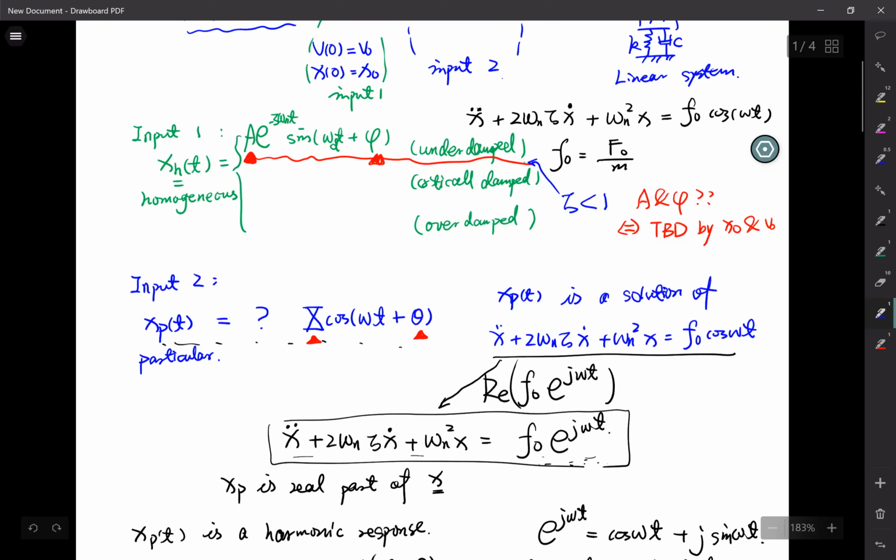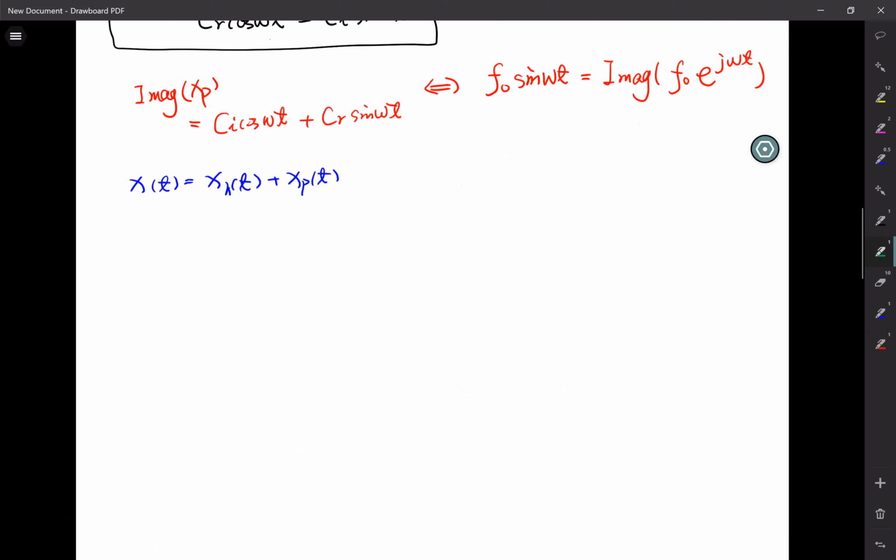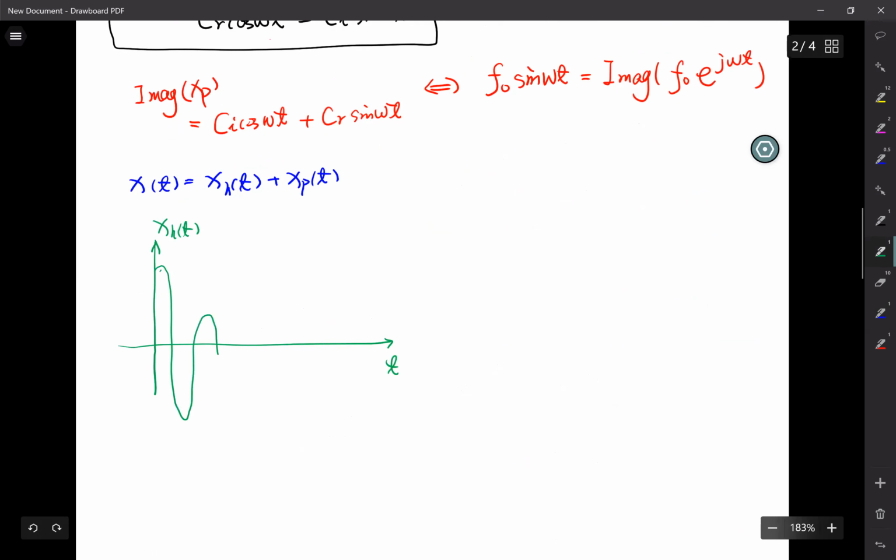But one thing I would like to point out is, if you remember the plots of this X_H, write it down. You have your x_h(t), the homogeneous solution part. So there are three conditions. The first condition is something like this.